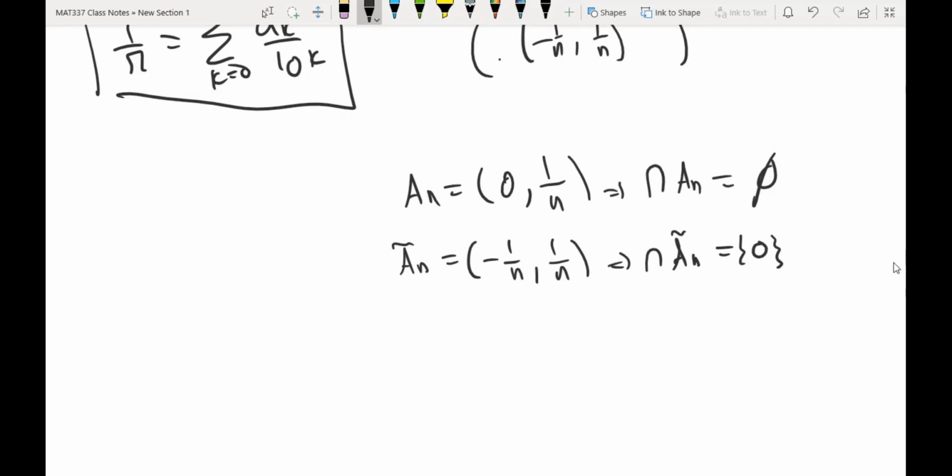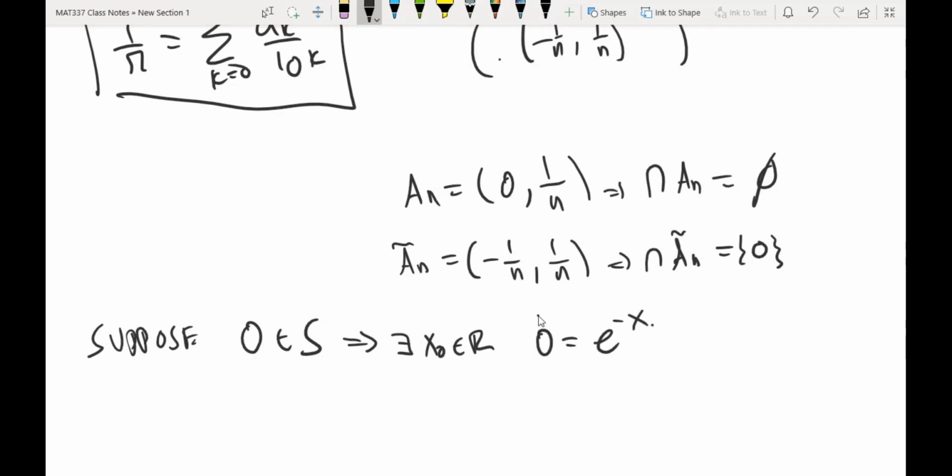In today's lecture notes, for proving S is not compact, why is 0 not in this? Good, that's a good question. Suppose 0 is in S. That means there exists x naught, a real number, so that 0 is equal to e to the minus x naught, right?